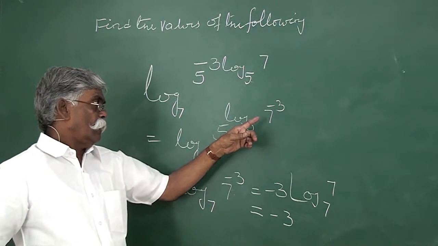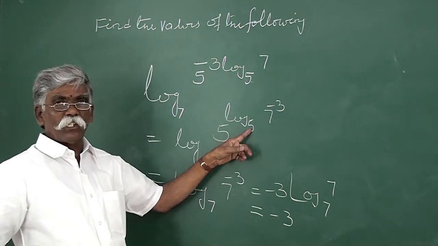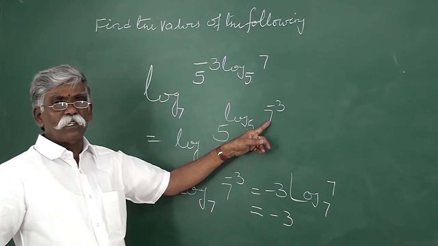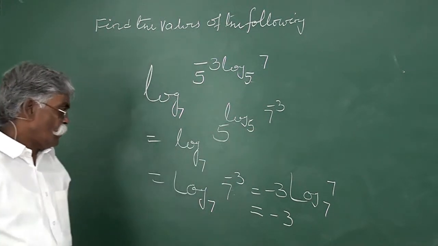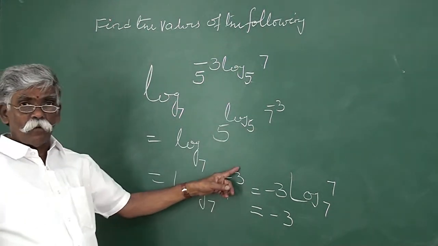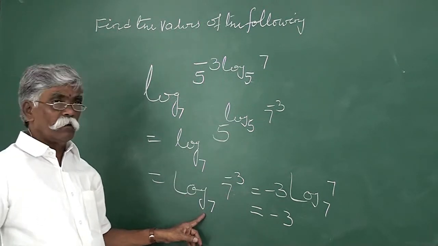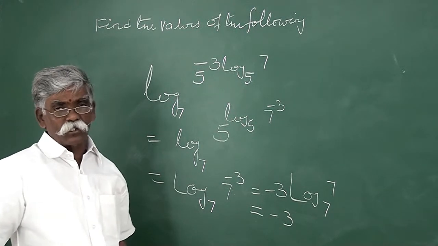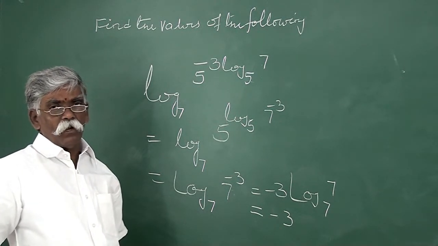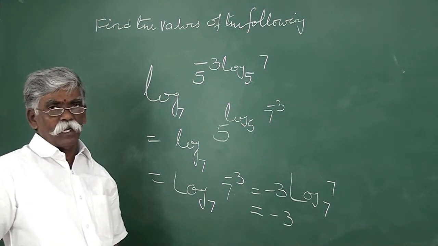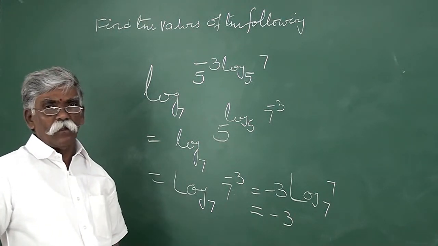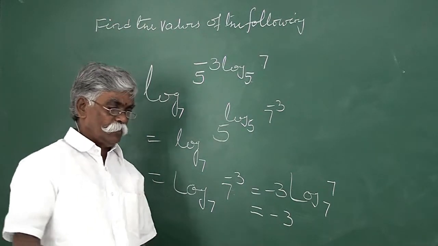And here this base is 5 and this is 5, therefore we will be left with 7 power minus 3. So therefore it is log of 7 power minus 3 to the base 7, which is minus 3 log 7 base 7, and log 7 base 7 is 1, because logarithm of any number to the base itself is always unity, and hence finally the answer is minus 3.